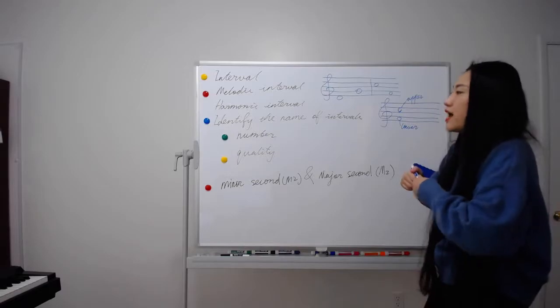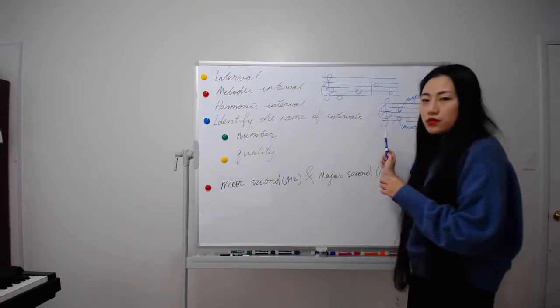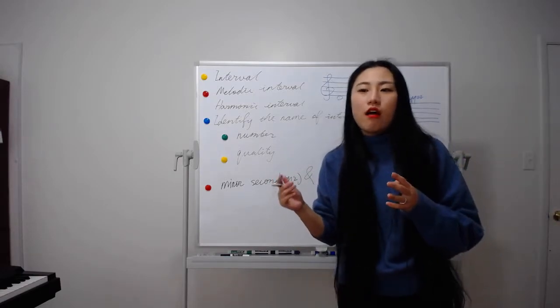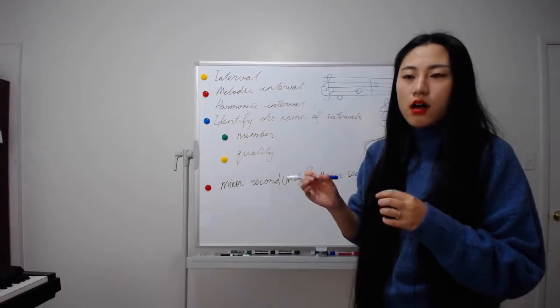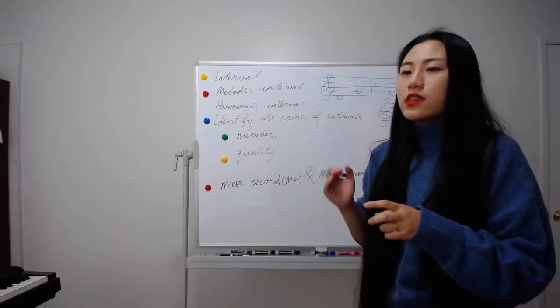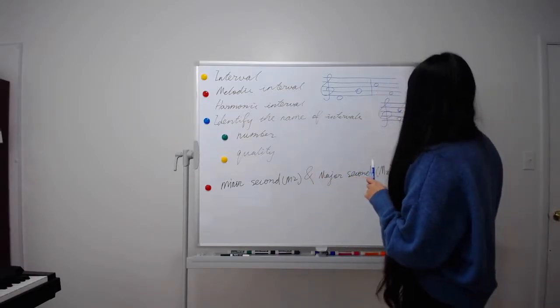Now, let's go to the next. How to identify the name of intervals. So basically, the name of intervals depends on its number, also called diatonic number, and the quality. So for instance, the major third.